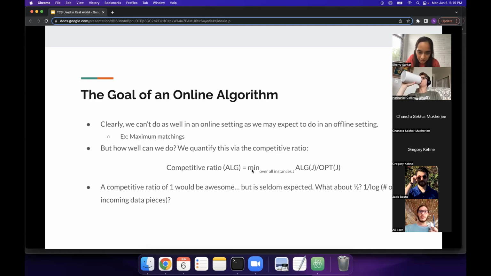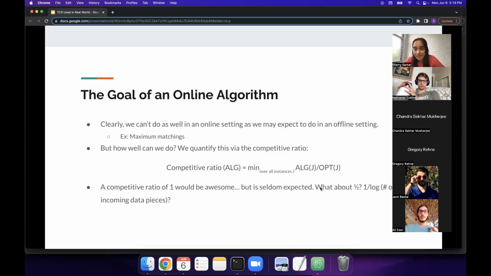In particular, over any instance, if I can guarantee my algorithm does at least half as well, then the competitive ratio would be half. We're aiming for 1, right? It'd be awesome if for every single instance you do as well as the offline setting, but that's not something you really expect.